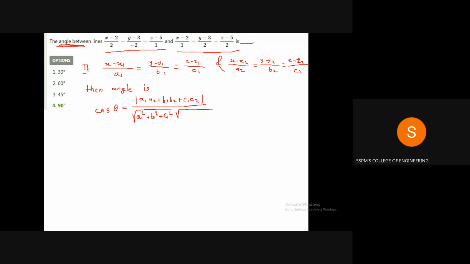There is no plus sign between the two roots, remember this, this is multiplication, okay.